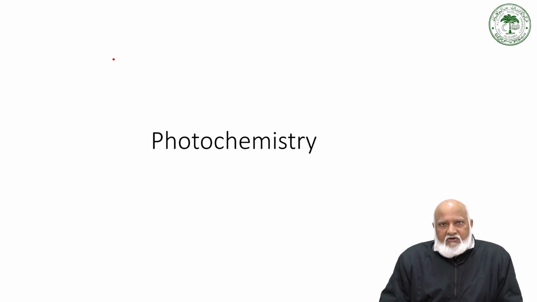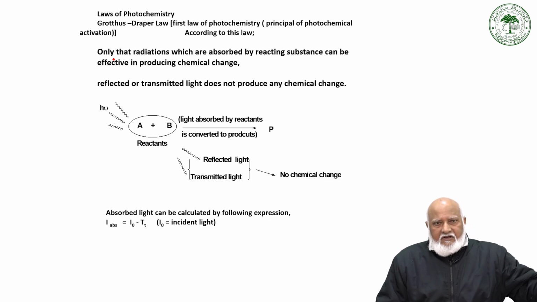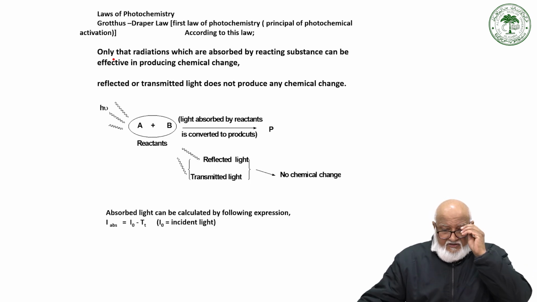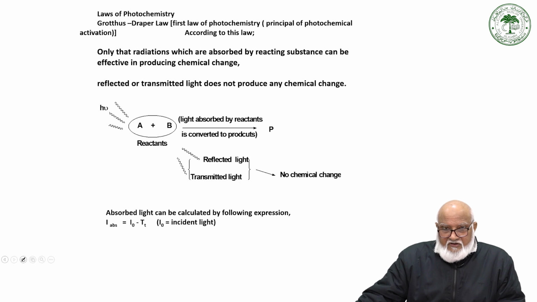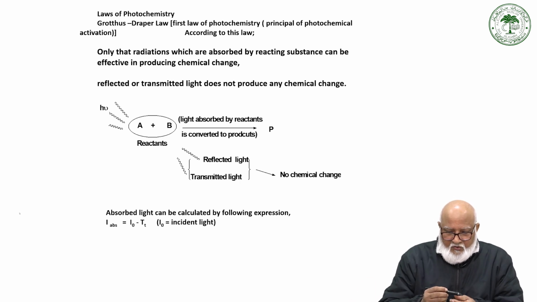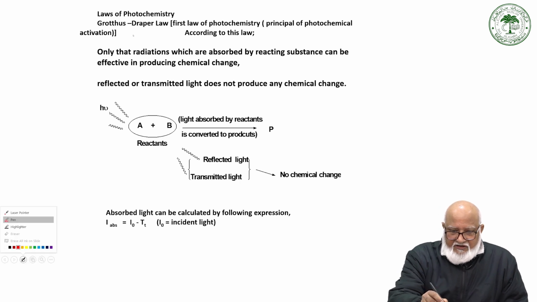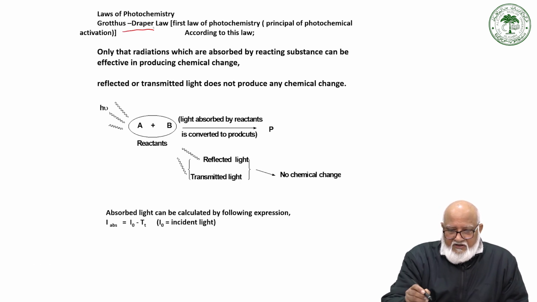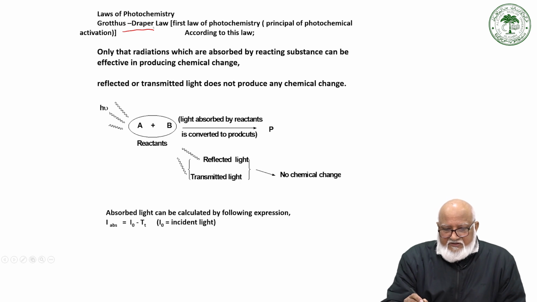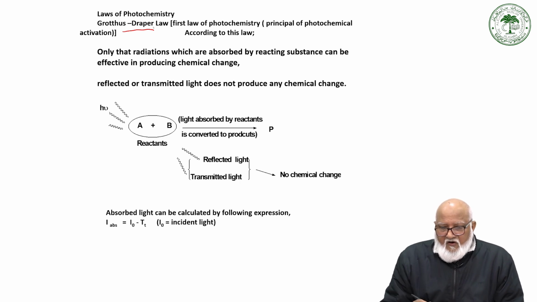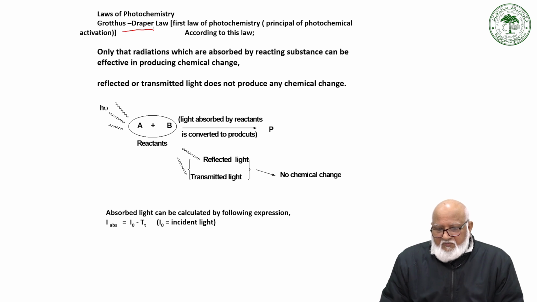Today, in continuation of our lecture, as far as photochemistry is concerned, there are two basic laws in photochemistry. One is the Grotthuss-Draper law, the first law of photochemistry, which describes the principle of photochemical reaction.